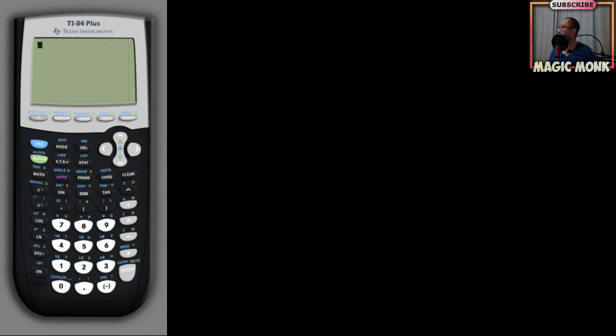Can you derive and integrate a few exponential functions? Okay then. Randy, that one I can do. So let's start off with y equals e to the power of x.